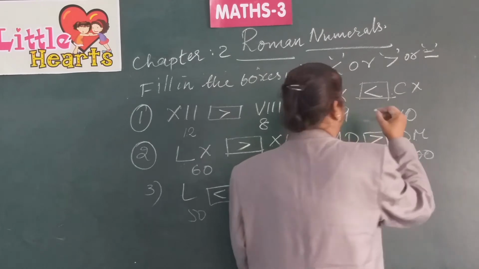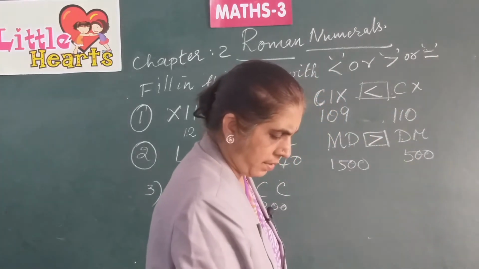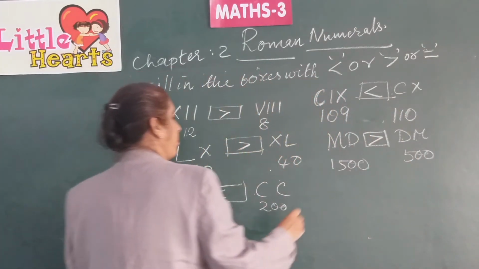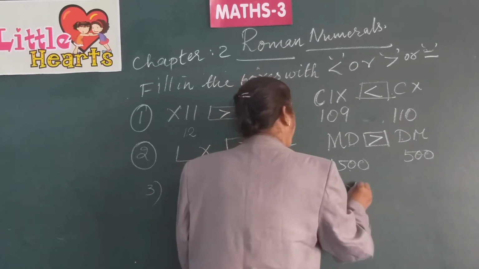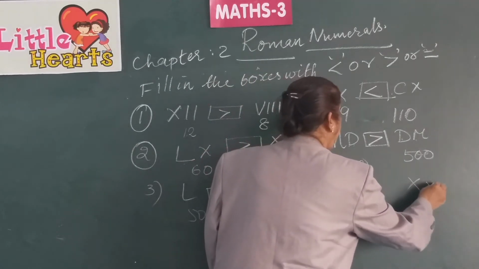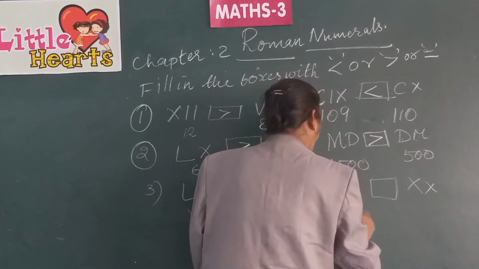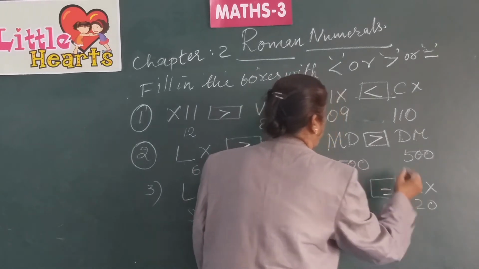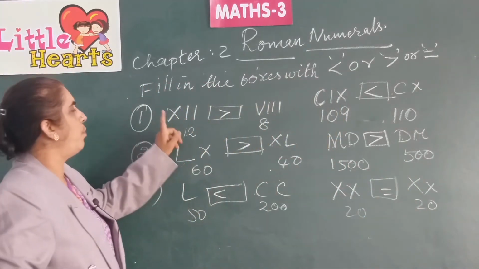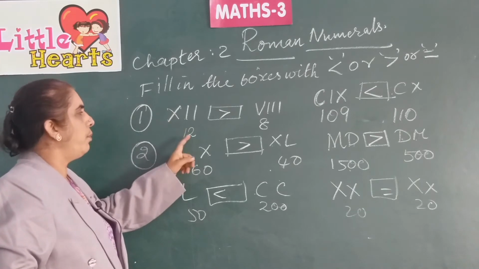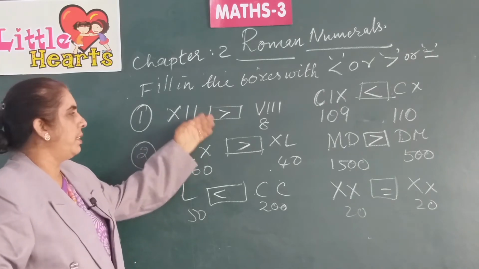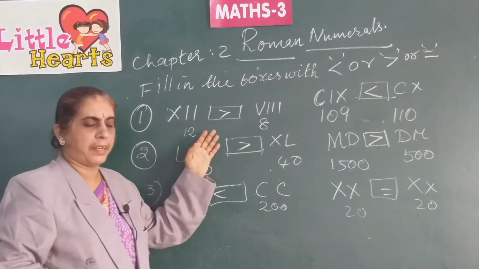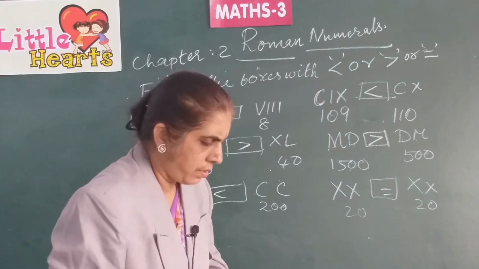So this is greater than this. XX and XX, 20 and 20, equal to. So if you convert the Roman numeral into the Hindu Arabic numeral, you can easily put the symbols less than, greater than, or equal to.